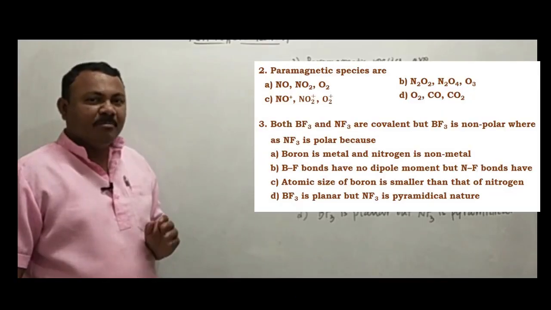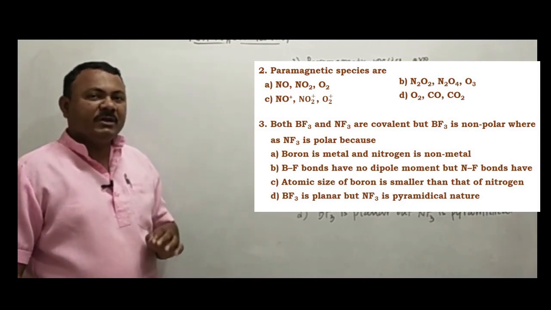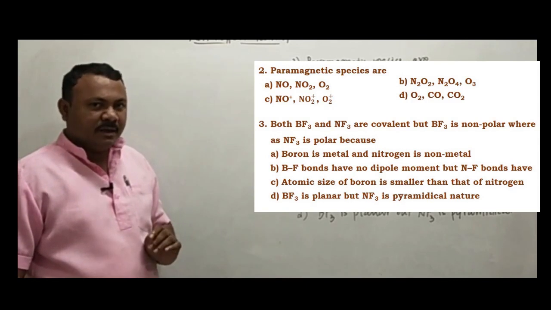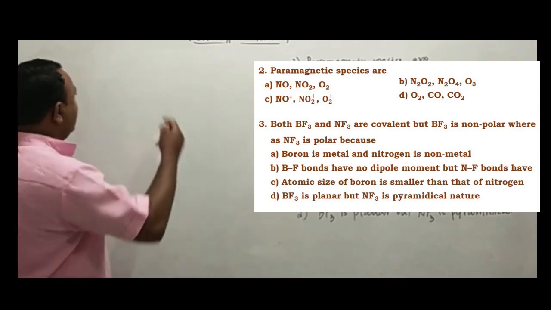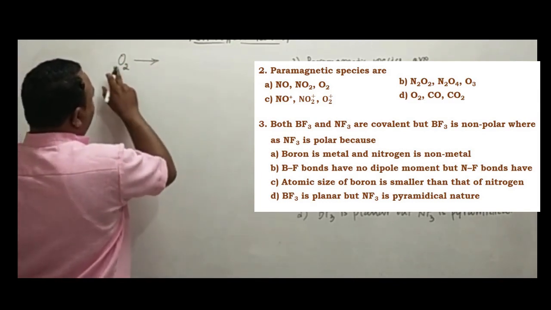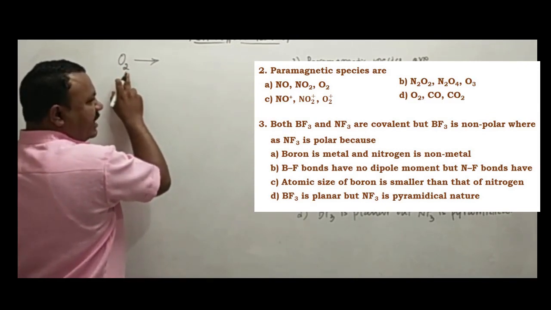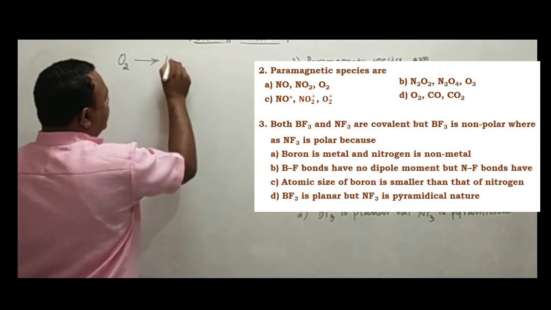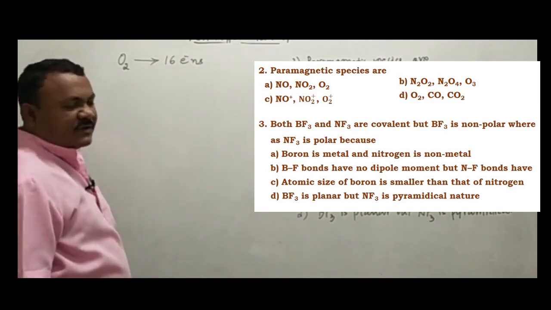Field, and we call them paramagnetic. Normally, the molecules or ions with an odd number of electrons are paramagnetic. Apart from this, you remember oxygen, O2. Oxygen atomic number is 8. In one molecule, we have 2 atoms of oxygen. Therefore, total number of electrons present in O2 is 16.